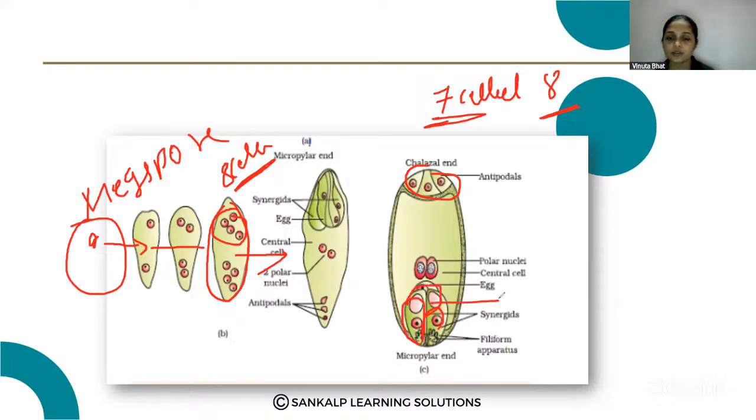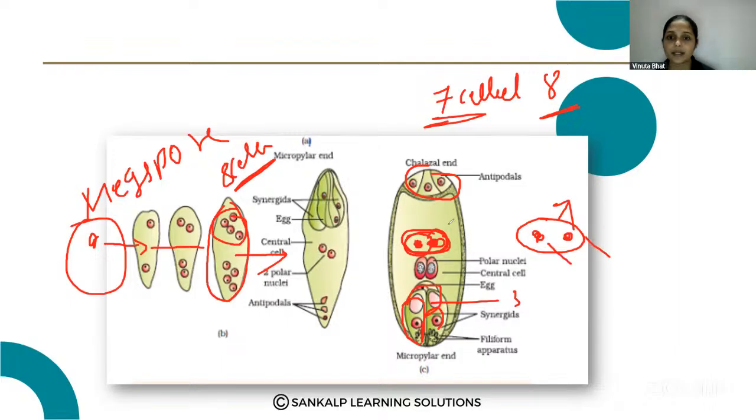So here also 3 cells, that is 6, but at the center, single cell is present, formed by fusion of the cytoplasm of 2 cells, but 2 nuclei are present at the center. 2 nuclei, but only 1 cell, that is the central cell.